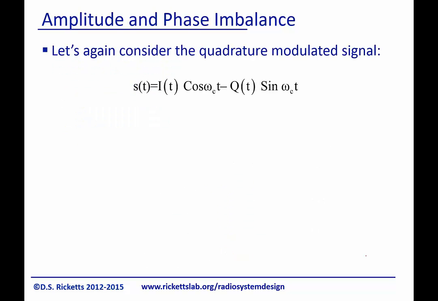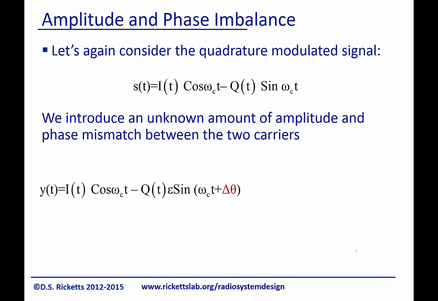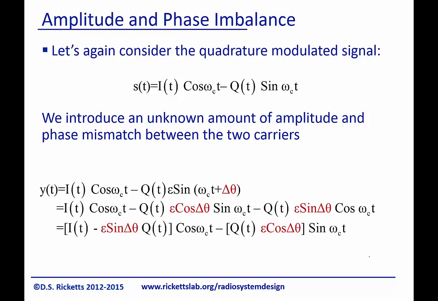So let's look at our quadrature signal and see what happens when we have amplitude and phase error in our two local oscillators. So what we're going to do is introduce an unknown amplitude, epsilon, and an unknown phase, delta theta. And we're going to break this out just like we did before into the identities.